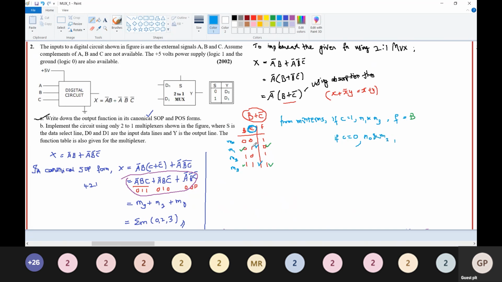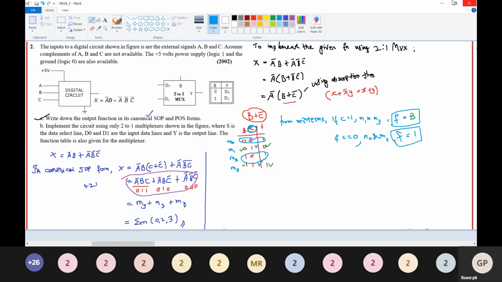If you look at these two, 0, 1, 1, 1, whatever may be the condition of B, here F is equal to 1. So if C is equal to 0, F is equal to 1.